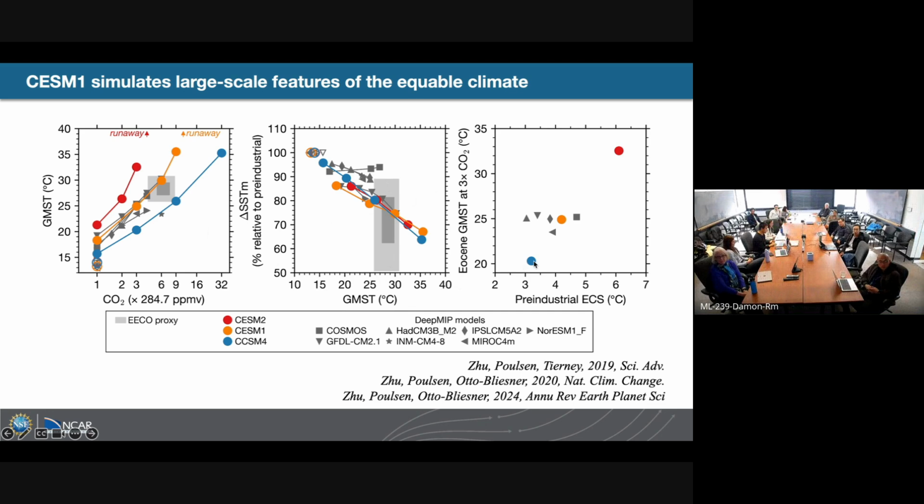And you can see that for CESM4 with a low equilibrium climate sensitivity, the model underestimates early Eocene warming. And for CESM2 with a very high equilibrium climate sensitivity, the model clearly overestimates the early Eocene warming from proxy data. So I think this is a powerful way to use the early Eocene constraint to assess the climate sensitivity in the models.